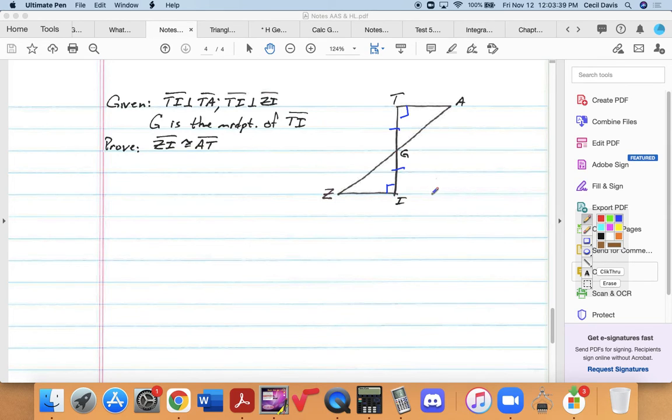TG is congruent to GI. What else can I add? The vertical angles are congruent to each other. And then I can add that the right angles are congruent to each other. So it would be an angle side angle proof.